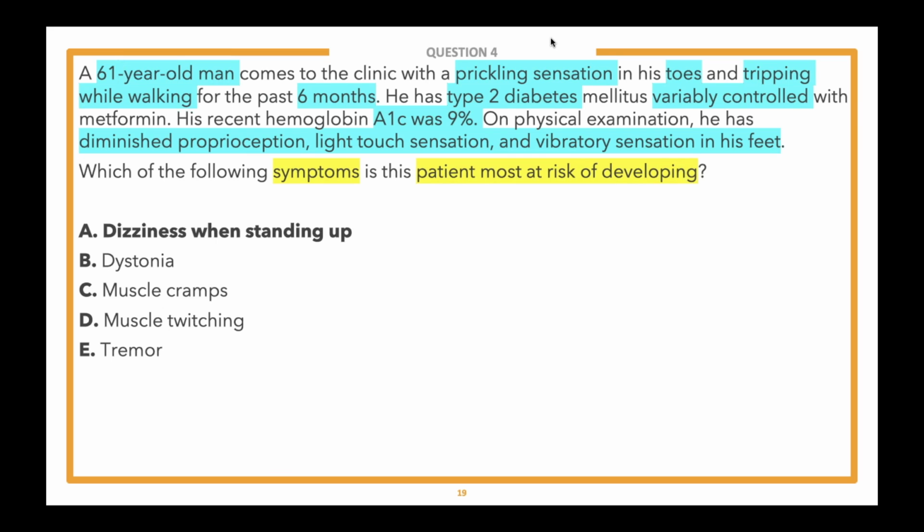So how does this happen? Well, normally when you stand up, there is vasoconstriction that occurs to maintain your blood pressure. Now that's normally. However, in patients with diabetic neuropathy, you can have damage to that autonomic system that regulates that. So remember, part of the autonomic system is the sympathetic function.